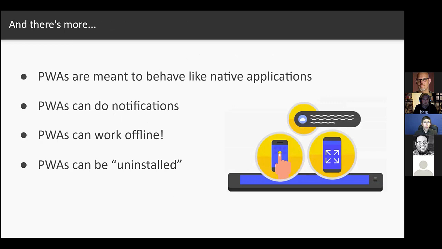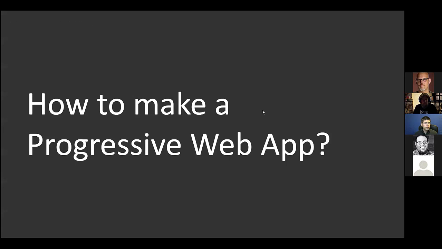If the application doesn't need data from the web, it could work 100% offline, basically, at this point. And of course, you can uninstall it later. So these are the features that come with a progressive web app.